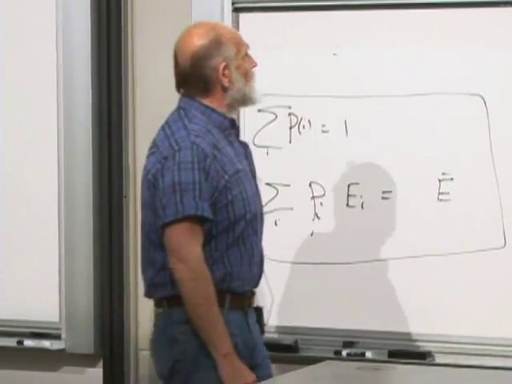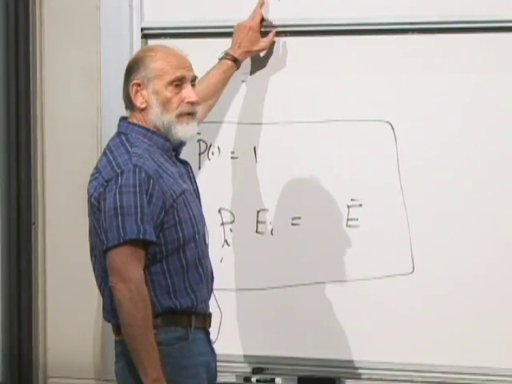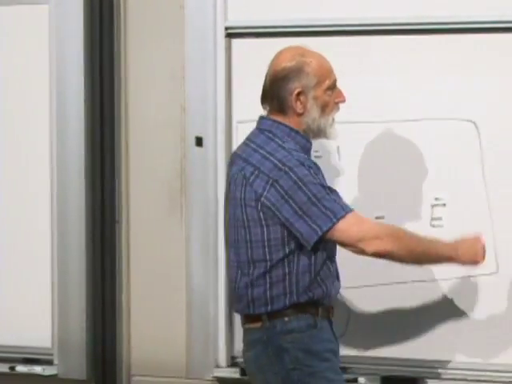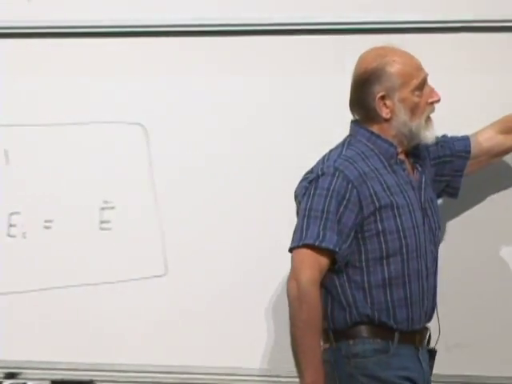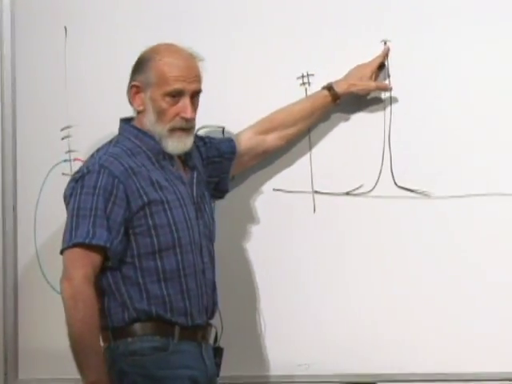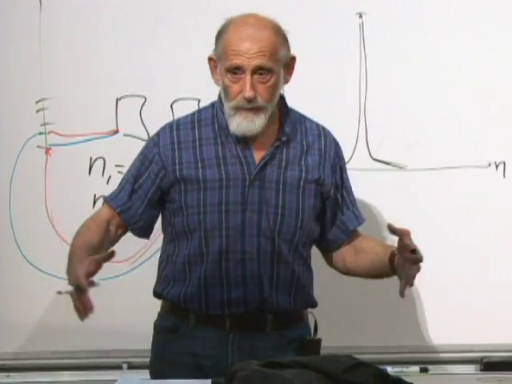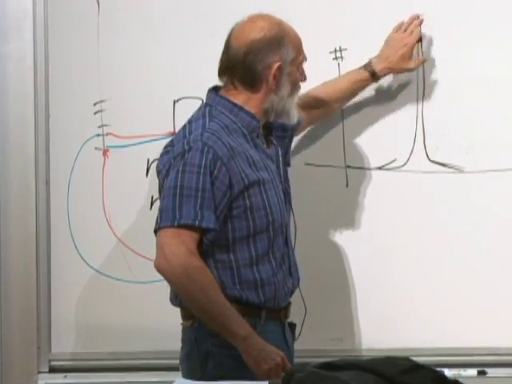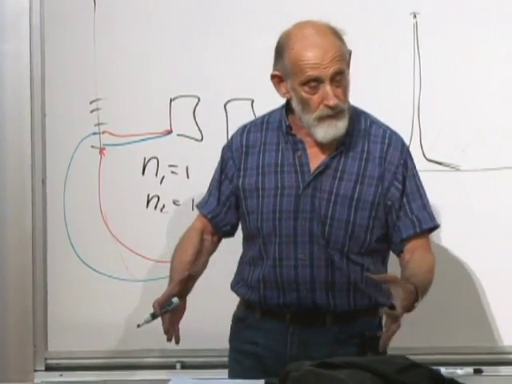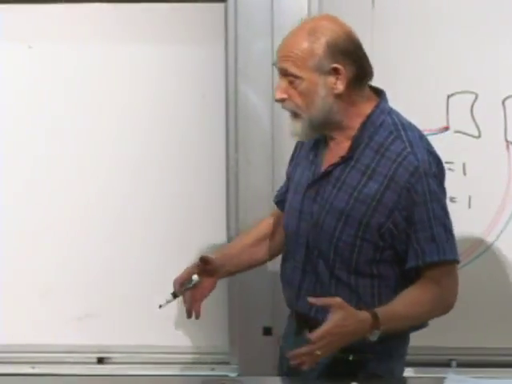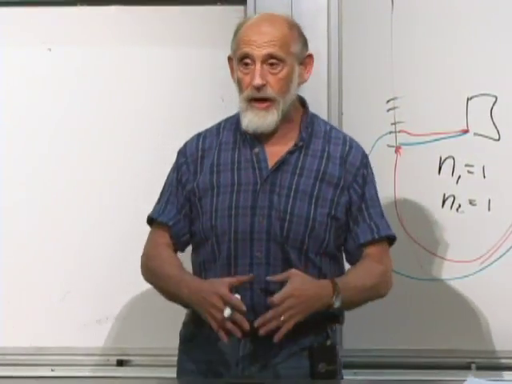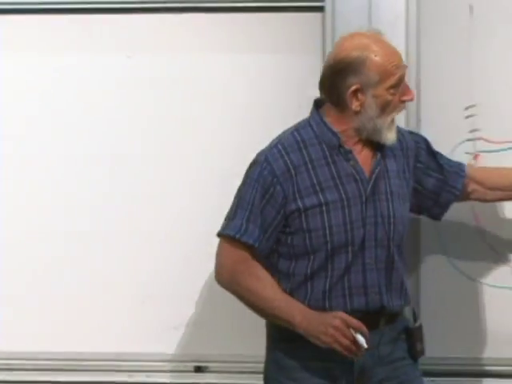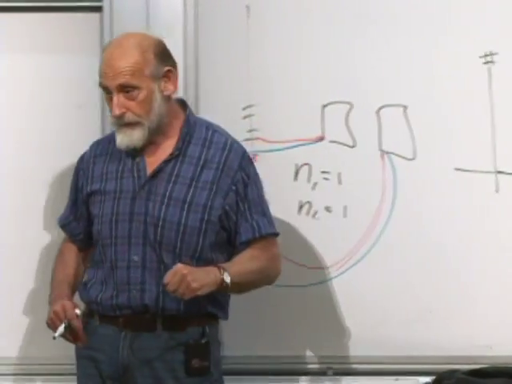The p sub i's are simply the fractional values of the n's at the most likely values of the n's. In particular, if the system gets very, very big, it's extremely rare to find yourself away from the most likely set of occupation numbers. And as the system gets bigger and bigger, the ratio of these occupation numbers gets more and more tightly constrained to the value at the maximum of this function.